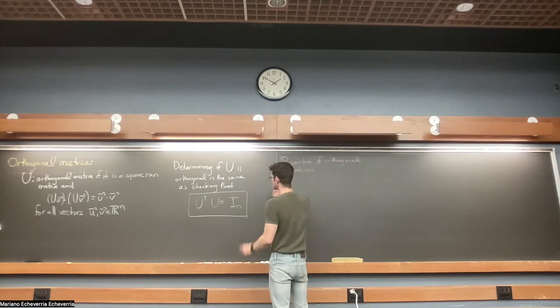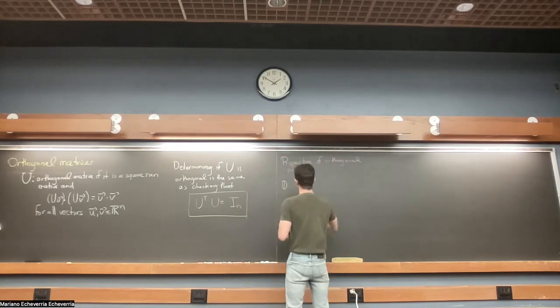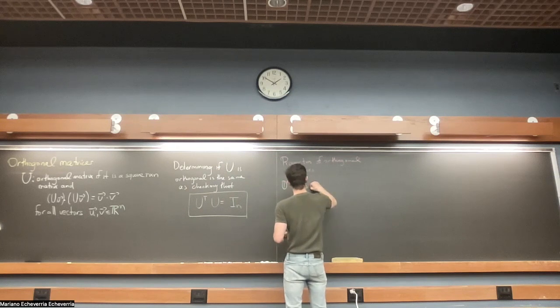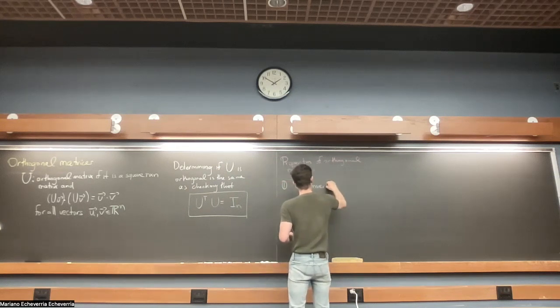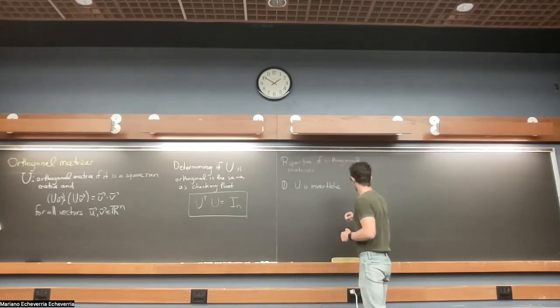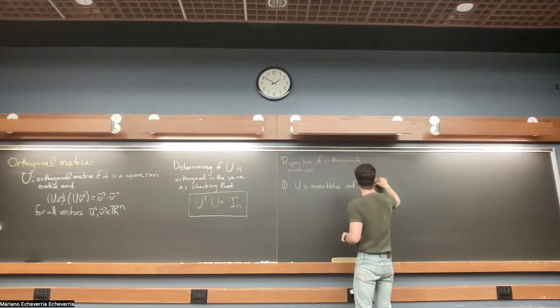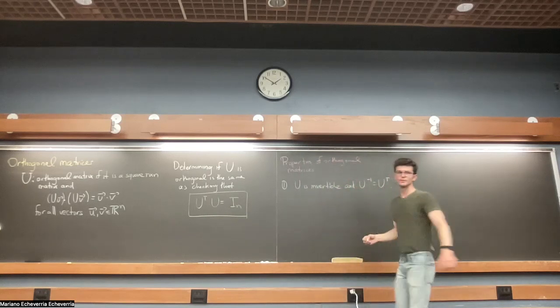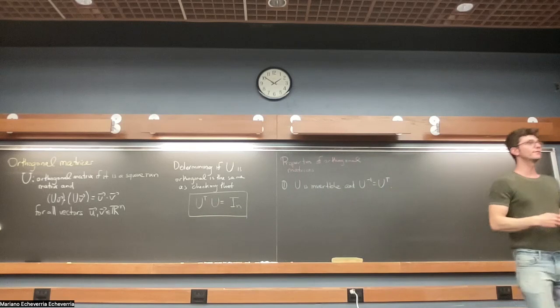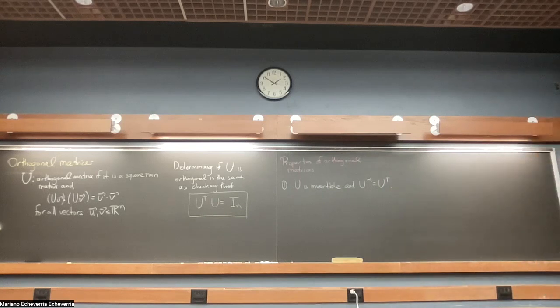The first one, which is useful, is that U is invertible and U inverse equals U transpose. So for orthogonal matrices, finding the inverse is very easy. You just transpose it, and that's the answer.